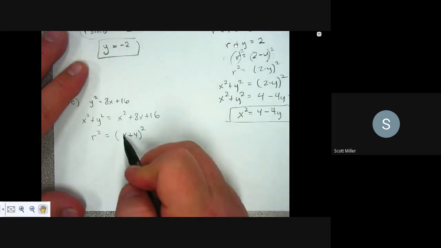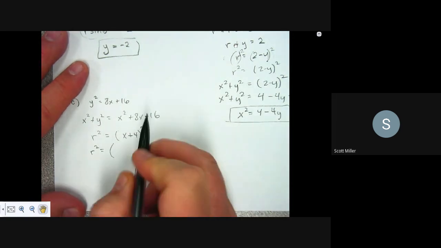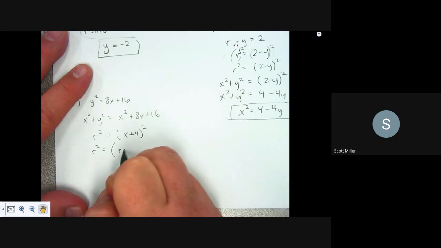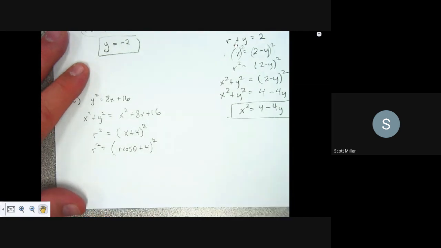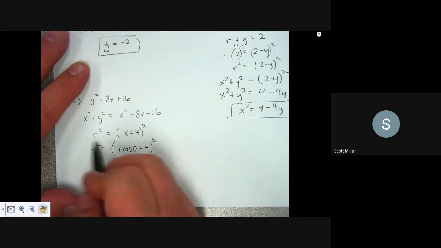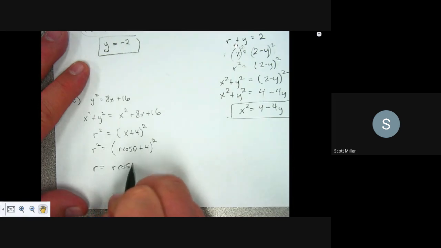Now, the only thing left to do is to change that x, which I know a value for. So this is now (r cosine of theta plus 4) squared. Well, if that squared equals that squared, then r must be equal to r cosine of theta plus 4.